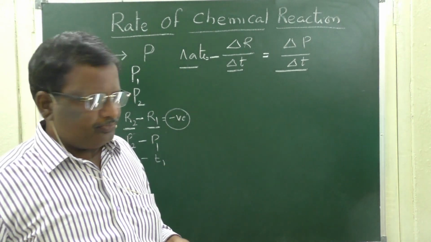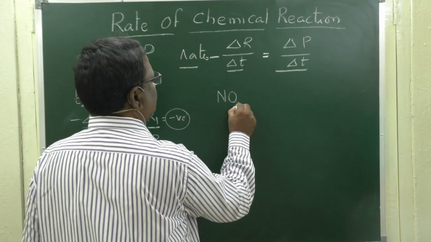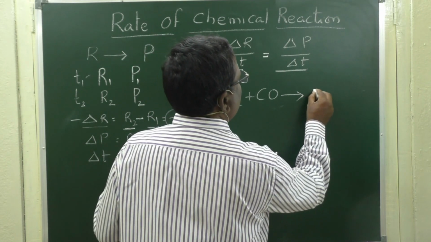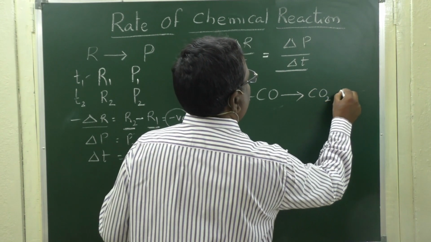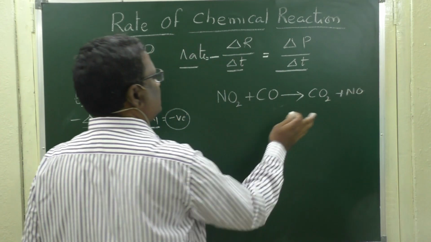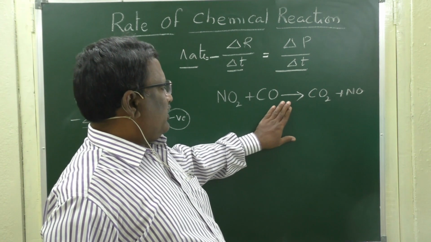Simply we can express it like this. For example, NO2 plus CO gives CO2 plus NO. Nitrogen dioxide is converting into nitric oxide.